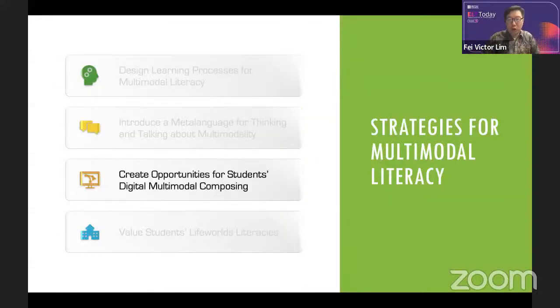What are the other strategies that we can have in the classroom besides being mindful of the learning processes that we design, besides introducing a meta language as a resource for students to think and talk about multimodal meaning making? Well, another thing that we realized from our project is that we want to encourage teachers in particular to create opportunities for students to make meaning multimodally, to create opportunities for students' digital multimodal composing.